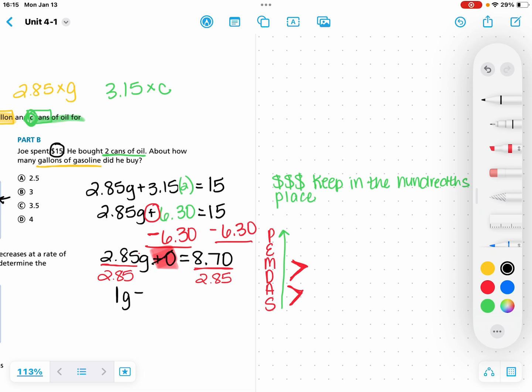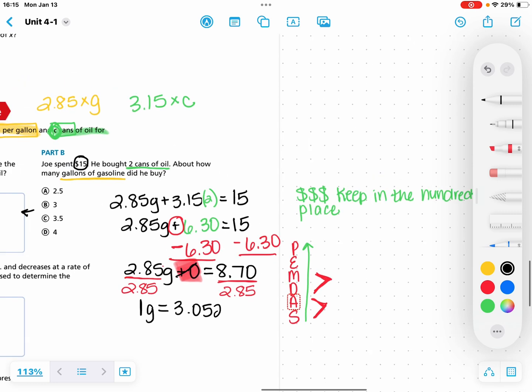There's no need to. Equals, now this 8.7 divided by 2.85, I don't mind if you use a calculator. This is rounded to 3.05263. And once again, we don't need that 1 here, so I'm just going to go ahead and erase it.